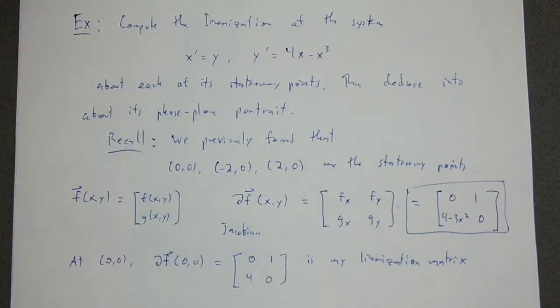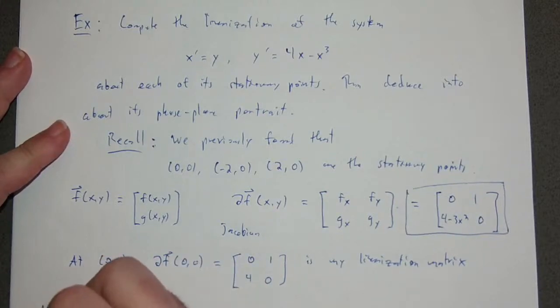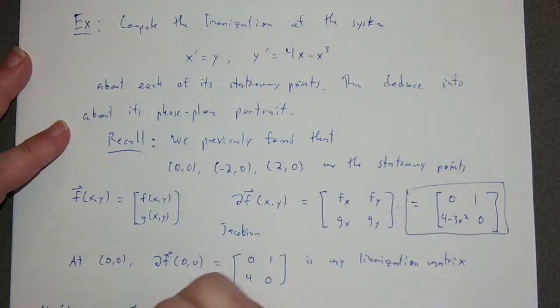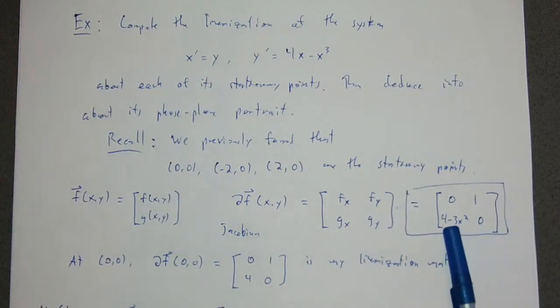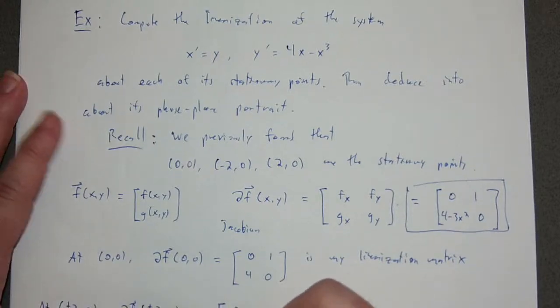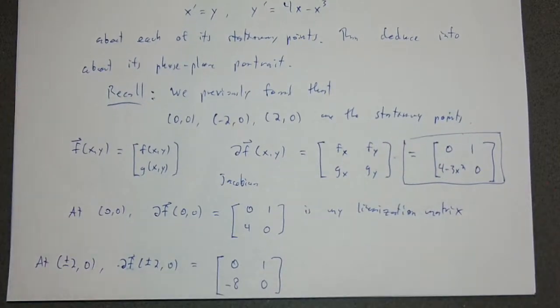Okay, at plus or minus 2, 0, my Jacobian is 0, 1. This would be 4 minus 3 times, whether it's plus or minus 2, this would be 3 times 4, so this is 4 minus 12, or this is minus 8, 0. Oh, sorry, I'm slightly off the page.